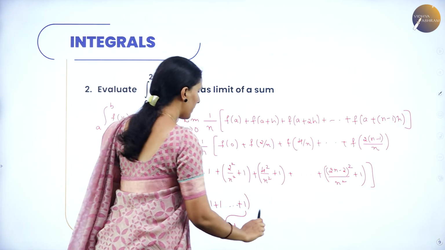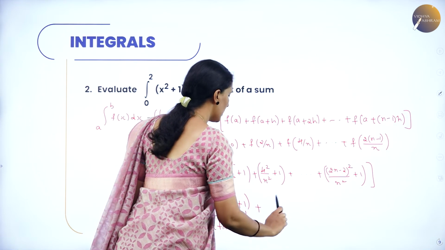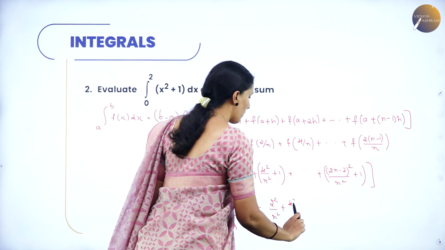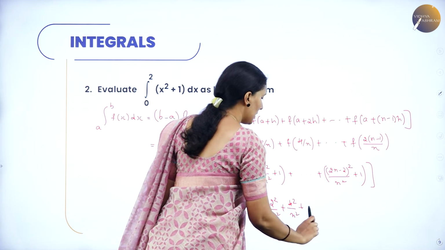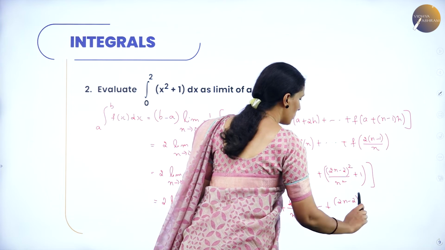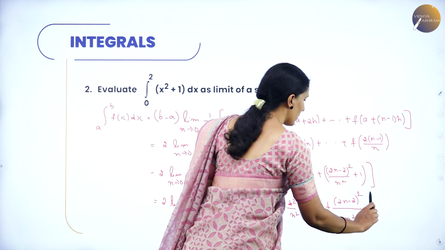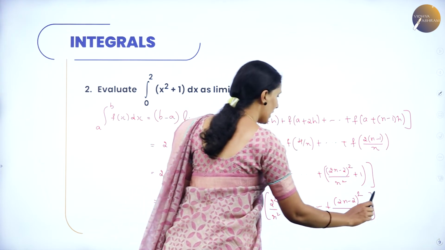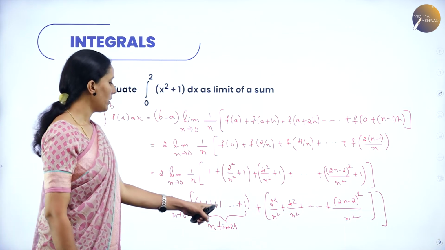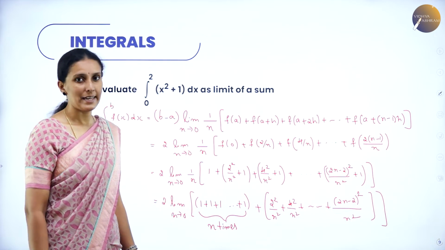And here if you separate n, we can take 2 square by n square plus 4 square by n square plus etc. plus 2n minus 2 whole square divided by n square. So this is another form we can take, with 1 plus 1 plus 1 n times.